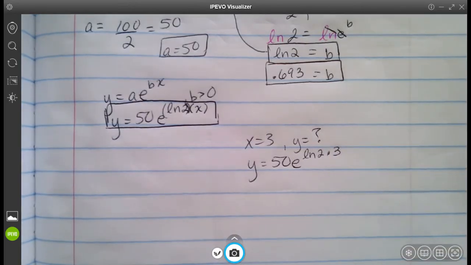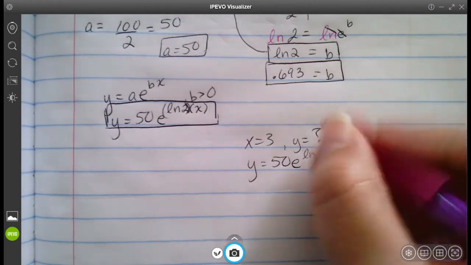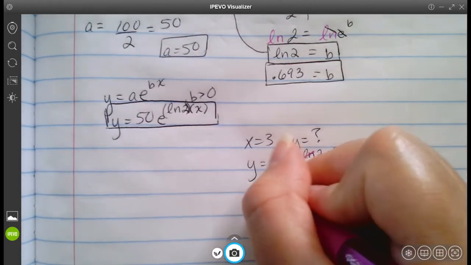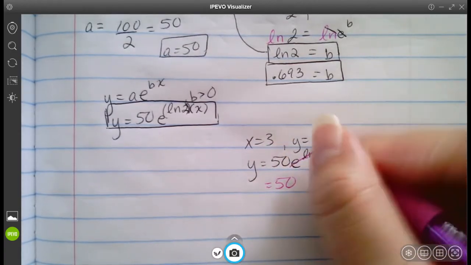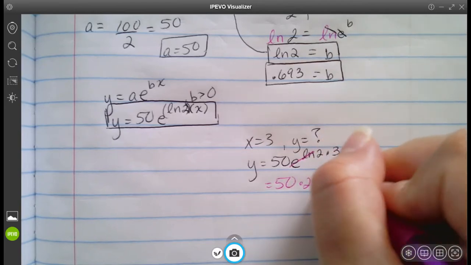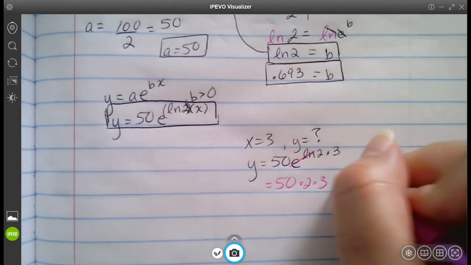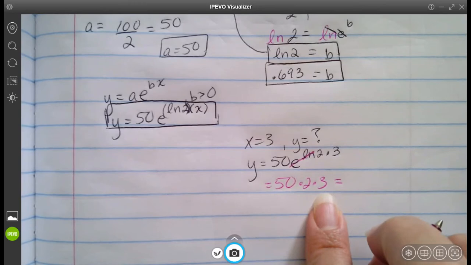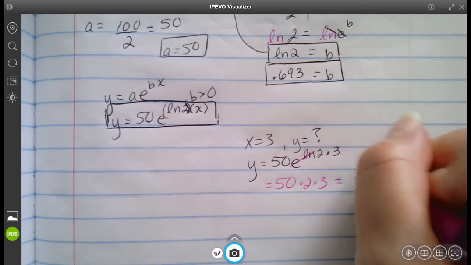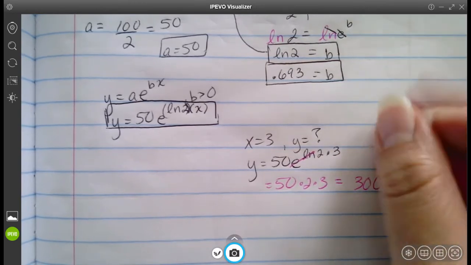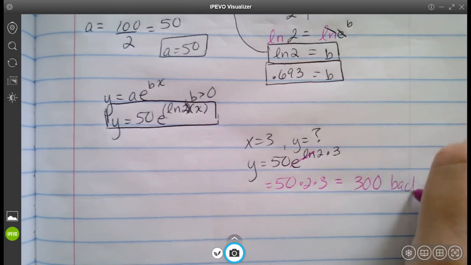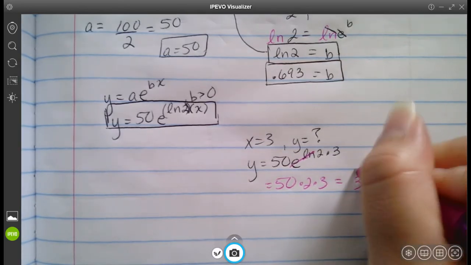And the cool thing is we can just get rid of these. So we have 50 times 2 times 3, which is 50 times 2 is 100, times 3 is 300. So after 3 hours, there are 300 bacteria.